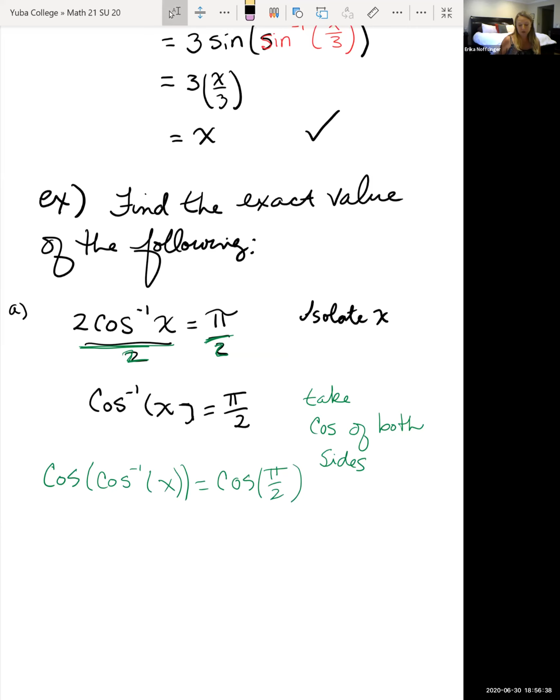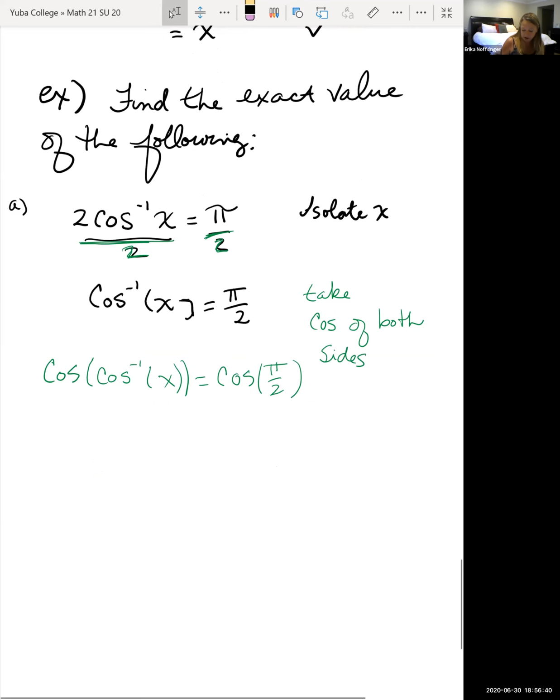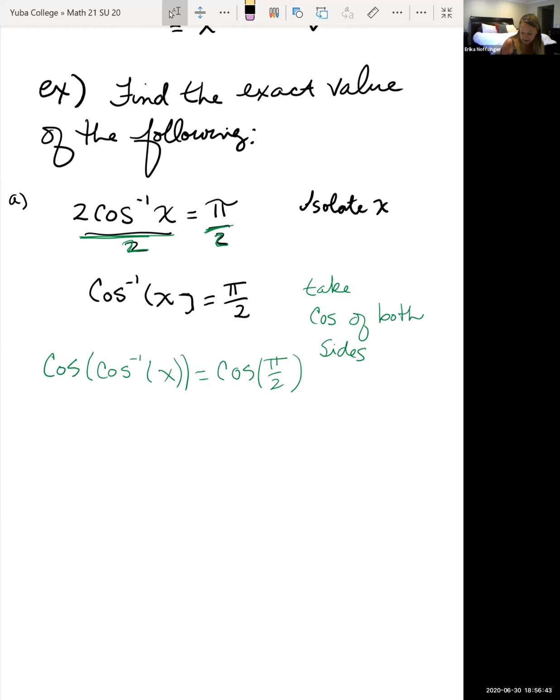Cosine of cosine inverse, they cancel each other out, leaving you with just x equals cosine of pi halves, which is one that we should know. That gets me up to the y-axis. Cosine is my x value on the unit circle, so that would be 0. So x is equal to 0.